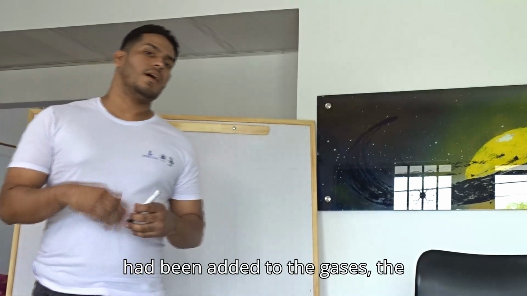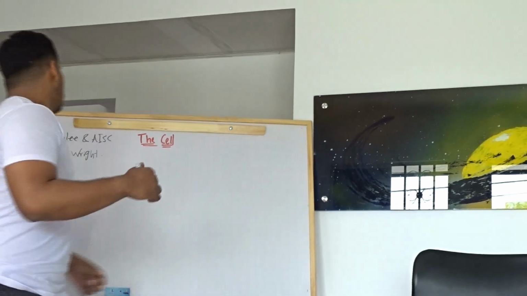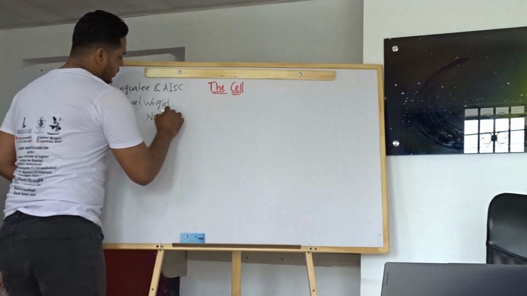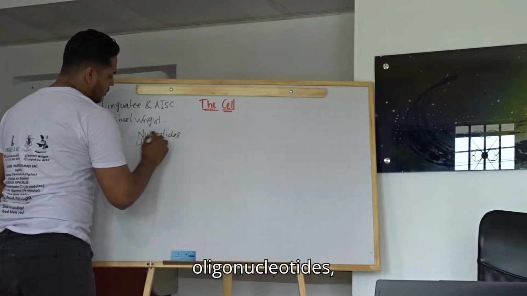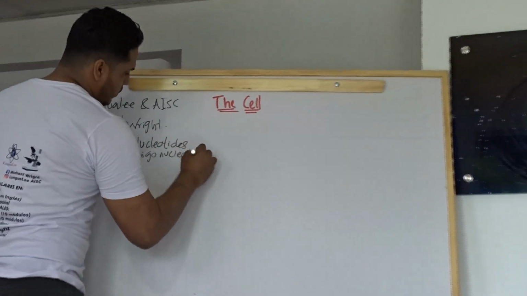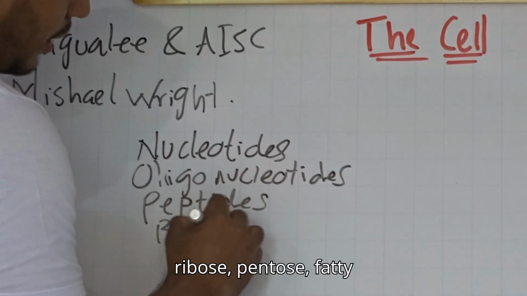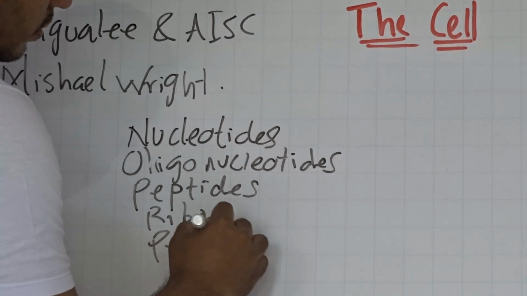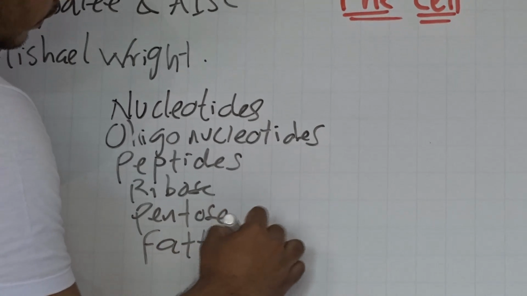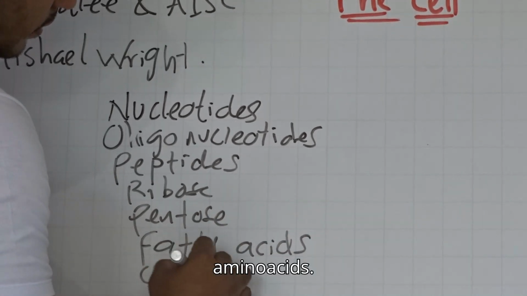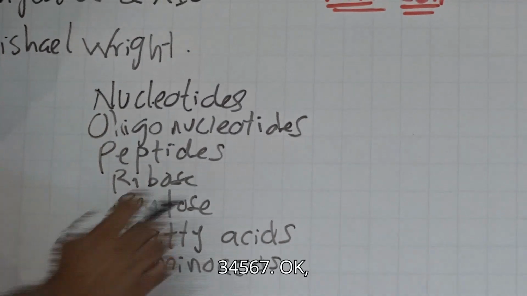If everything had been added to the gases, possible building blocks of life could have been created, such as nucleotides, oligonucleotides, peptides, ribose, pentose, fatty acids, and amino acids.